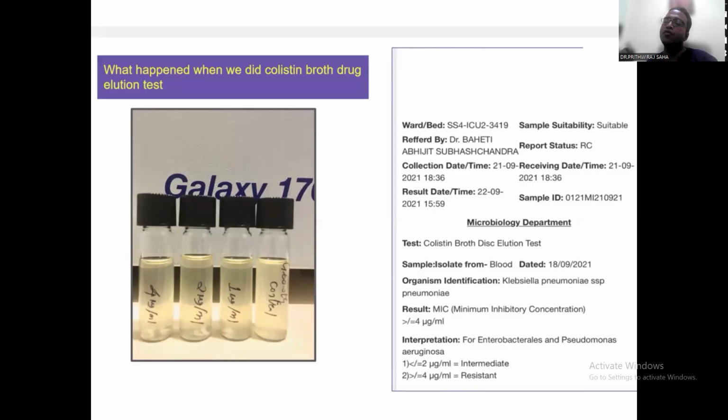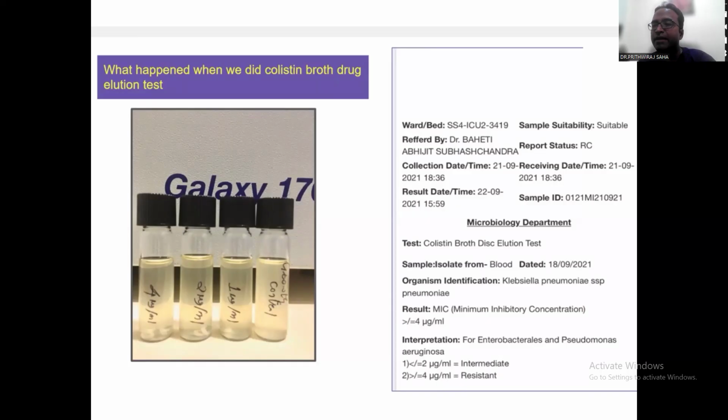That means, in one line, we can conclude that Vitek 2 or the automated system underestimates the MIC and falsely gives the drug as sensitive or susceptible. So better not to call it susceptible.